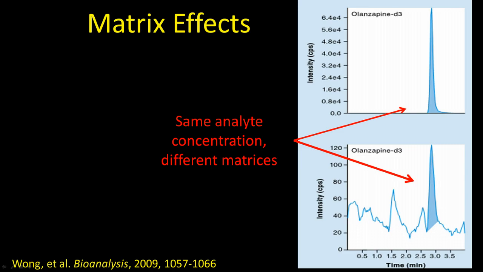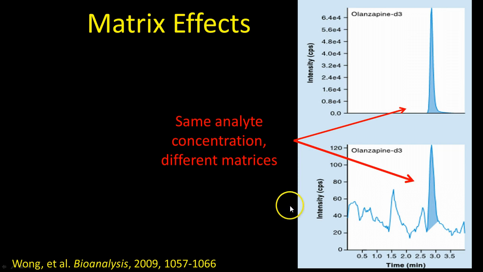This example is something that I pulled out of literature, and this is for this drug called olanzapine. Somebody did an analysis where they showed a neat spectrum taken from olanzapine, and then the same amount of olanzapine inside a biological matrix. In this case, it came from cell lysates, so they just had it in some cells.